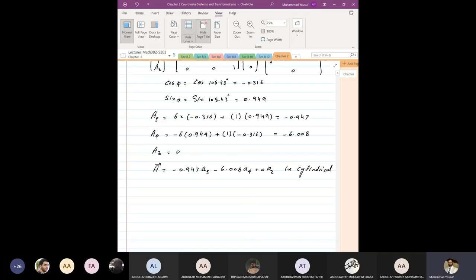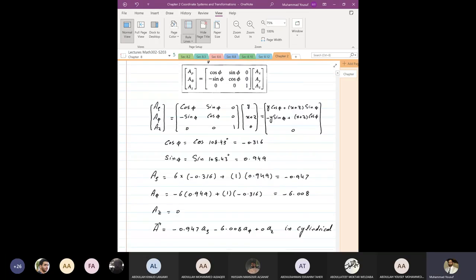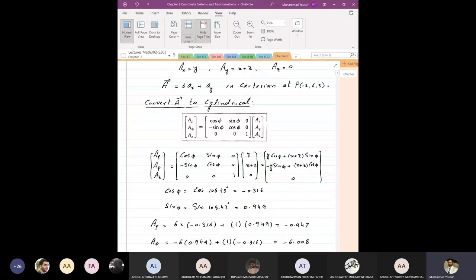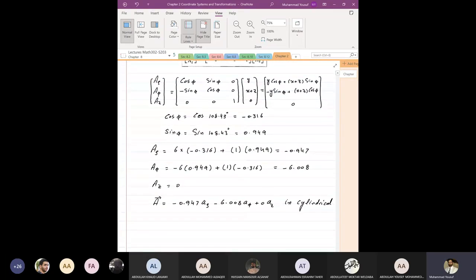So we had this vector before: 6ax plus 1ay. Now we have this vector. The vector is exactly the same, but it is a representation of this vector in a different coordinate system.